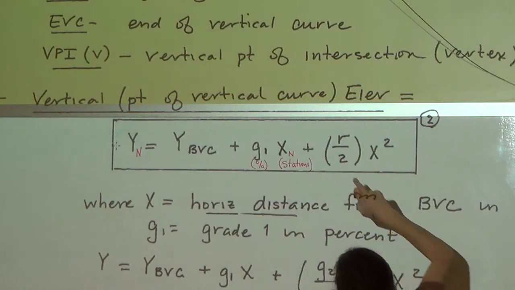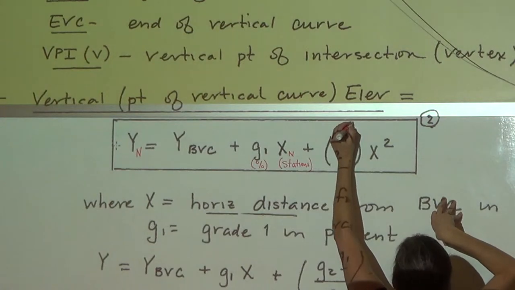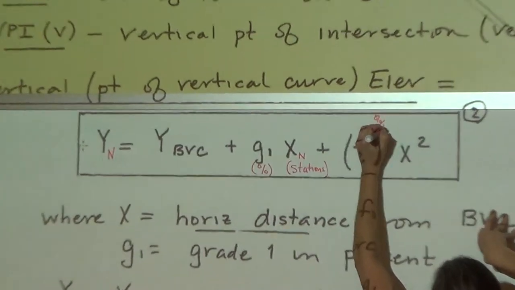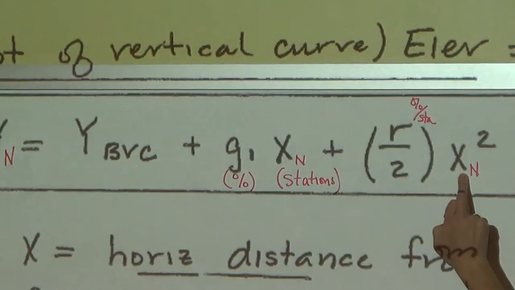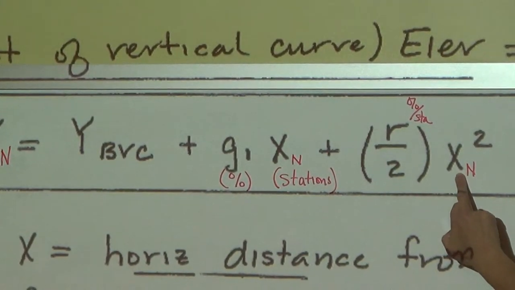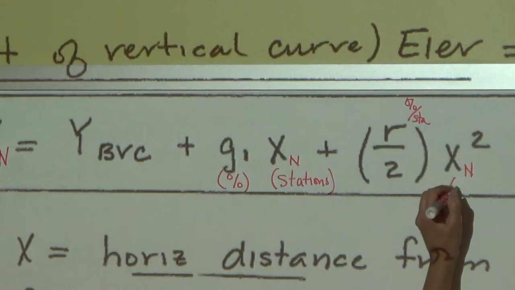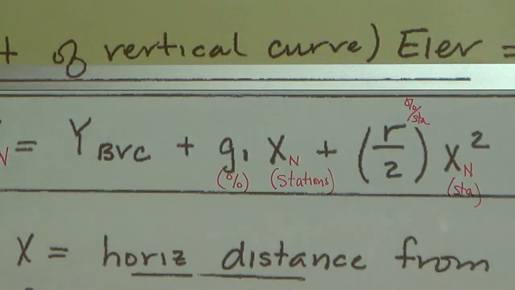Plus R over 2, what are the units of R over 2? Percent per station, times x, the horizontal distance to the point in stations, squared.